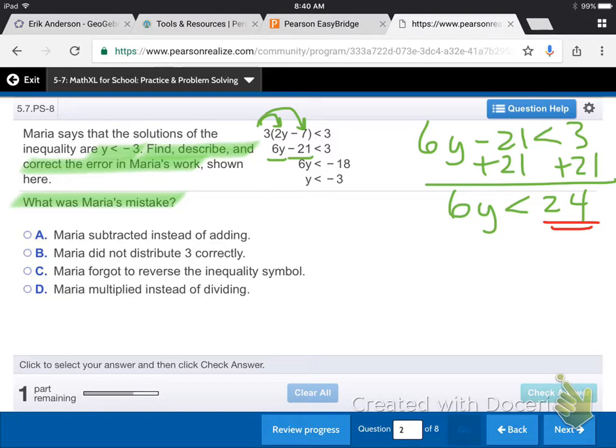Here it says 24, and here it says negative 18. So what could she have done that is her mistake? Well, it looks like she made a mistake in adding up these numbers right here. It looks like she subtracted. So we know what answer choice that would be. That would be she subtracted instead of added.